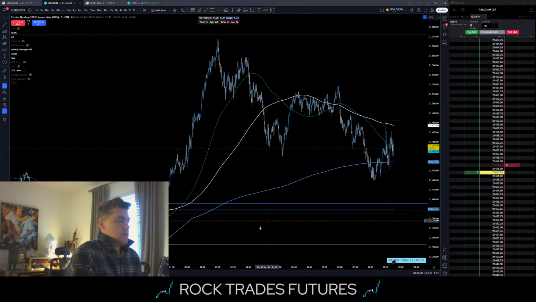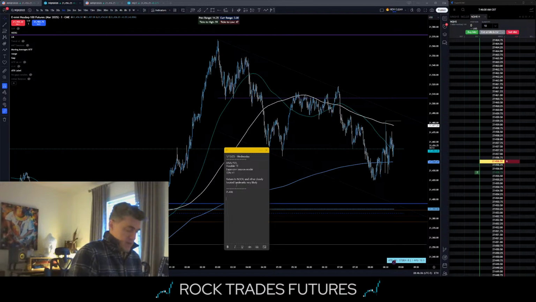As a general rule of thumb, best setups will be short from London high, long from London low.